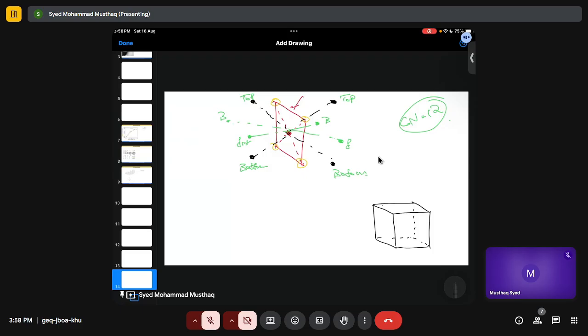So this is top left, top right. What do you mean top left? This is my top. Let's use green, right? Because I'm talking about green atoms. This is my top left and top right. This is bottom left, bottom right. So this is my bottom left, bottom right.